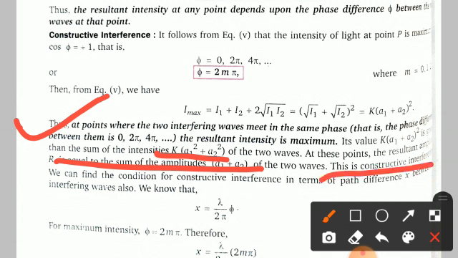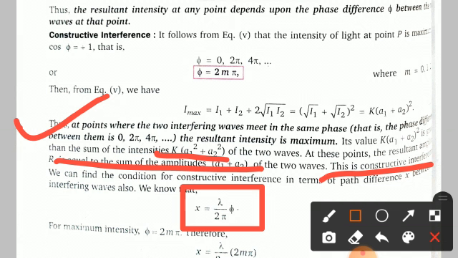We can find the condition for constructive interference in terms of the path difference x between the interfering waves. We already proved in the previous lecture how path difference is related to phase difference: x equals lambda by 2 pi multiplied by phi.